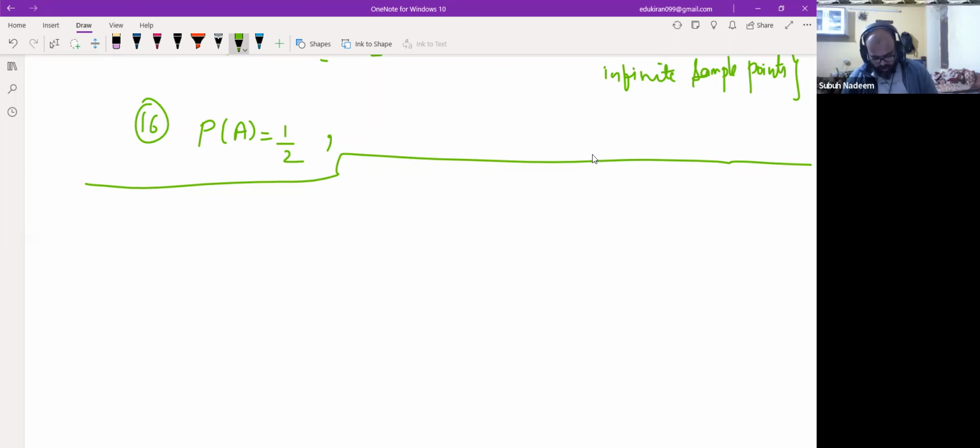Let me download class 12 probability. Probability class 12. Okay. So here, the probability in class 11th we already did.